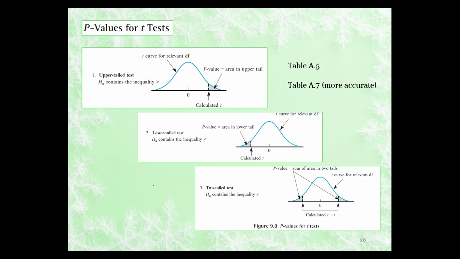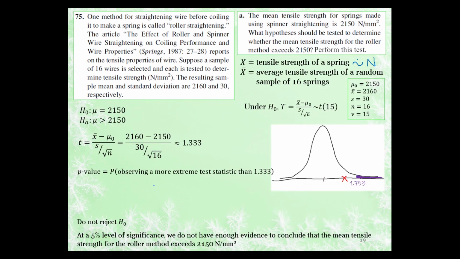So if it's a right-sided test, we're going to take the area to the right as our p-value. If it's a left-sided test, we take the area to the left as our p-value. And if it's a two-sided test, we will look at the area in the tail end and we will multiply it by 2. So I'm not going to do an example of the two-sided test for the t-distribution, but I will do it for the chi-square distribution, and it works exactly the same way.